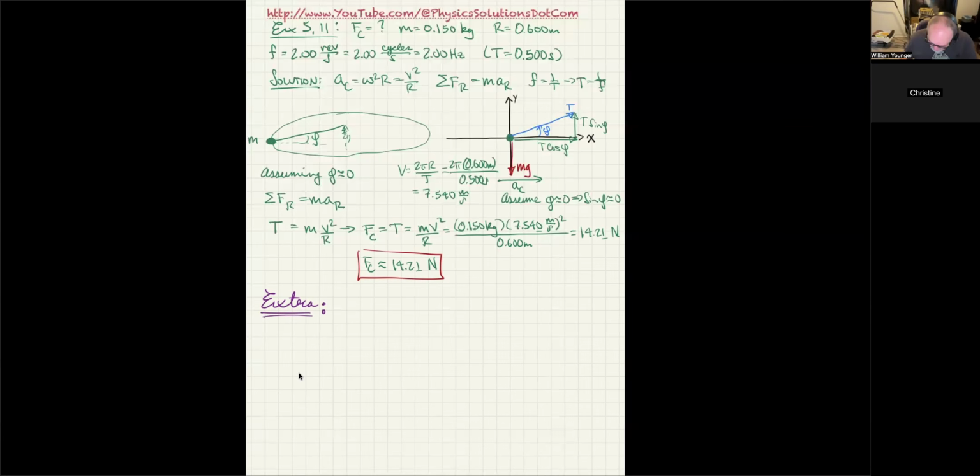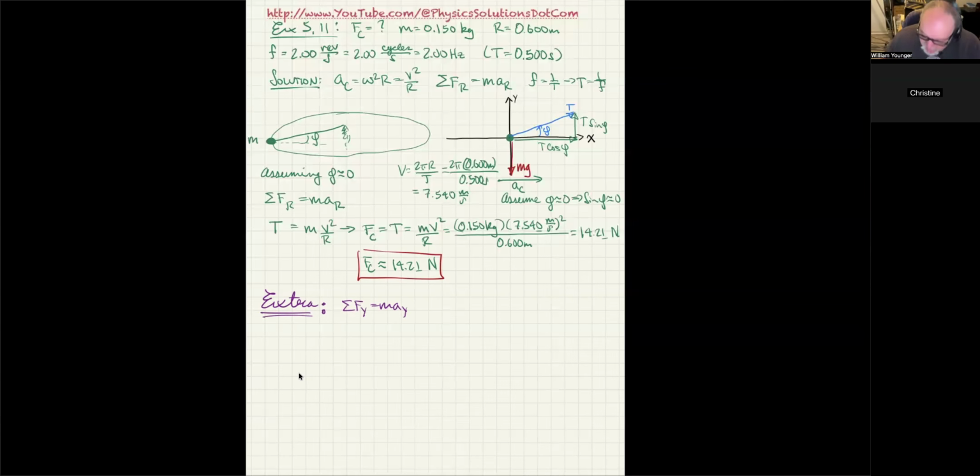So the summation of the forces in the y direction equals mass times acceleration in the y direction. That's going to be one of the equations of motion. That's what we call Newton's second law. It's also what you call the x of t or the r of t or the y of t as well as another equation of motion in some sense because it's actually the solution of the equation of motion.